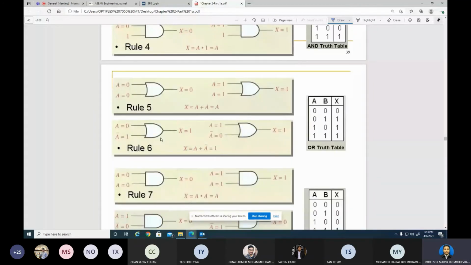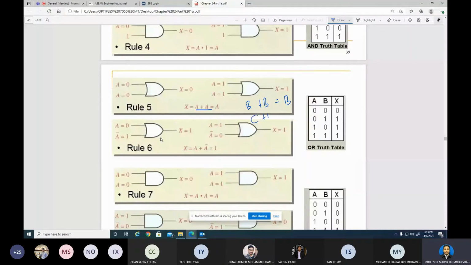That means if you have B plus B, we automatically get B.